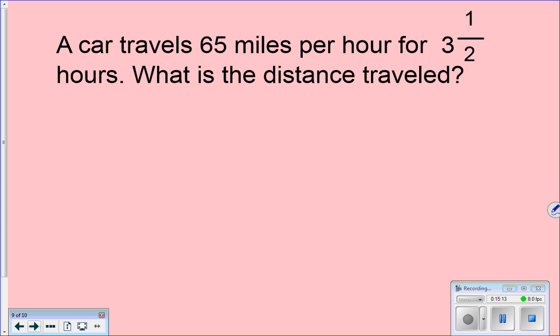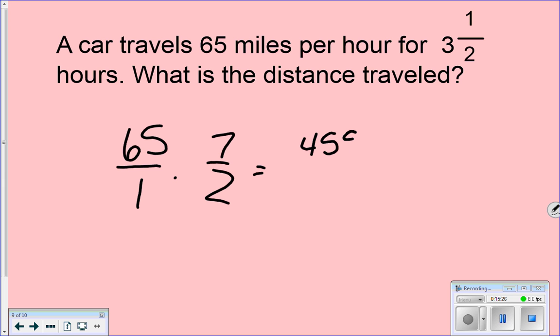Do you remember your decimal? Oh, you did? So you got 65 over 1 times 7 over 2, right? Okay, then what can you do after that? Divide. Because this is 455 divided by 2.